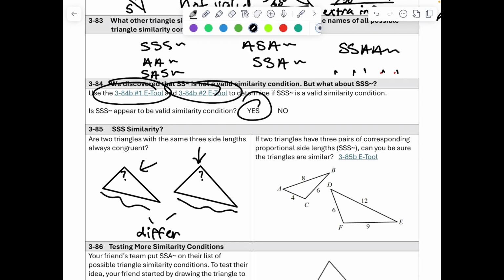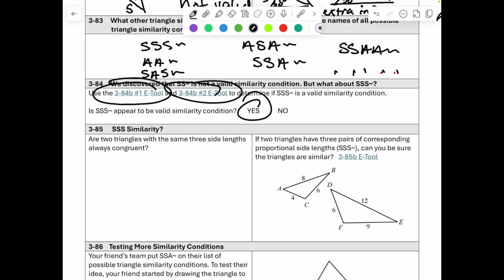So if all the sides are the same, that means all the angles are the same too, and that means the triangles are exactly the same. So I'm going to erase that and just put, yeah. Two triangles with the same three side lengths are always congruent, because that implies the angles are the same as well.